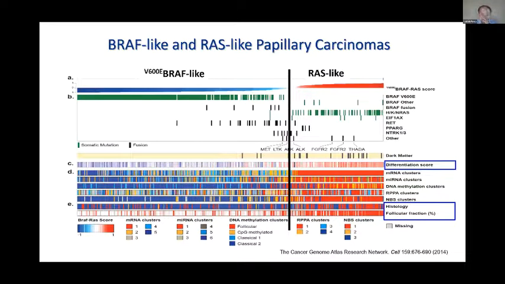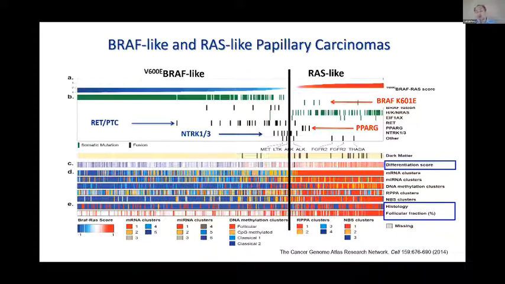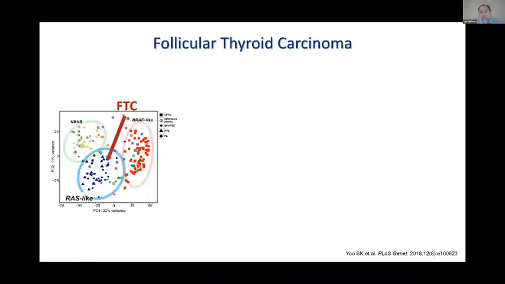But the most important thing is that they have very different levels of expression of thyroid differentiation markers, which we discussed extensively yesterday, which is a pretty high level of expression in RAS-like and loss of expression of NIS, TSHR, and other critical genes responsible for thyroid differentiation and iodine absorption in BRAF V600E tumors. Also briefly mention that most other alterations can also fall into either the RAS-like or BRAF-like subgroup of papillary thyroid carcinomas.